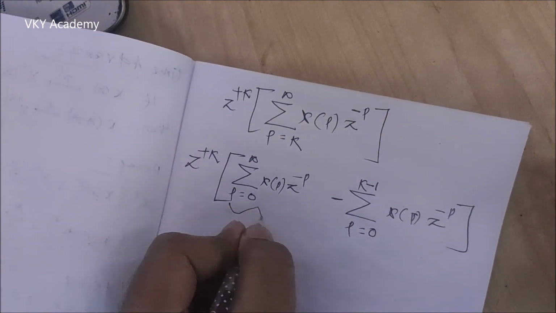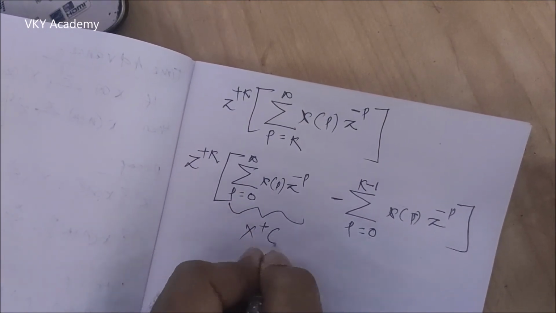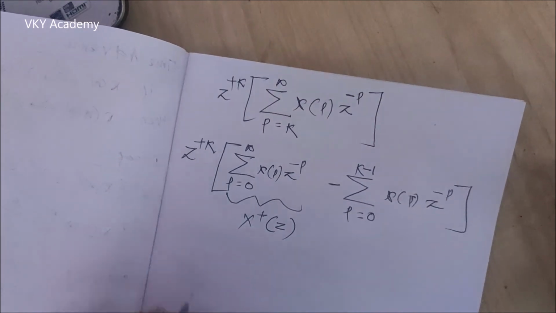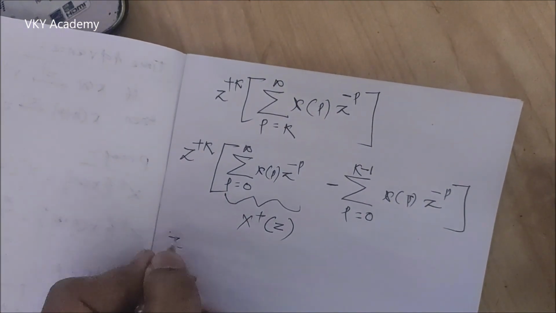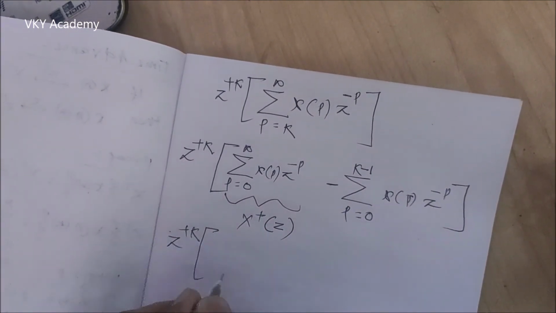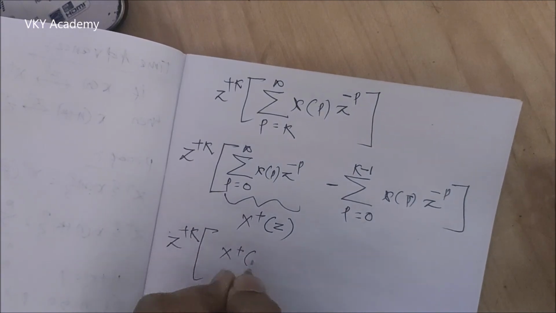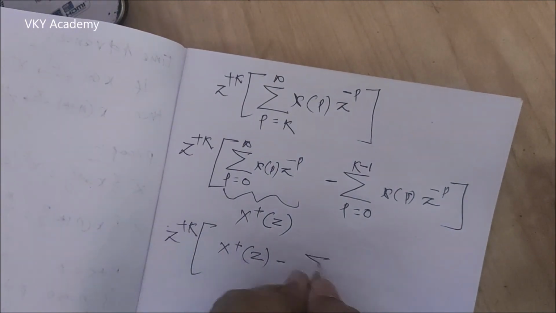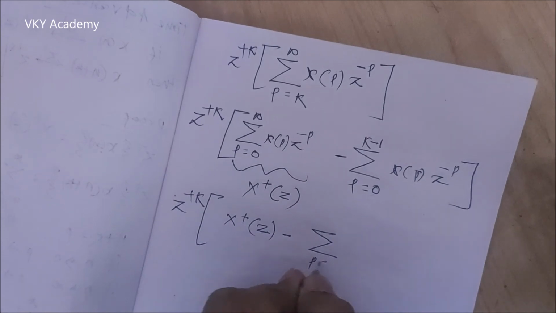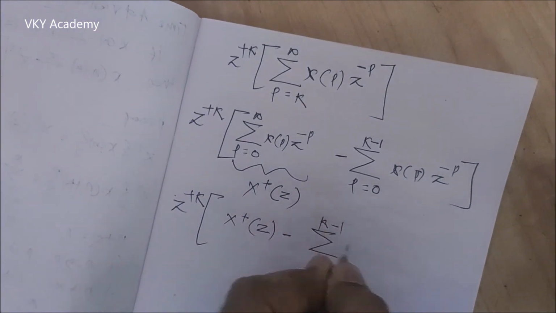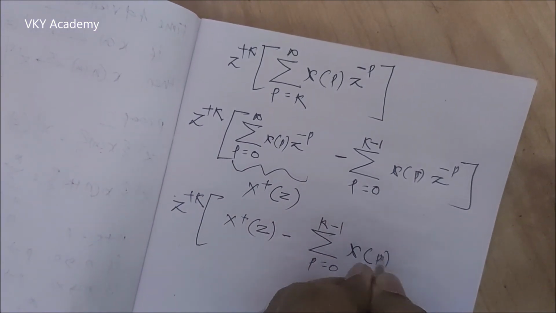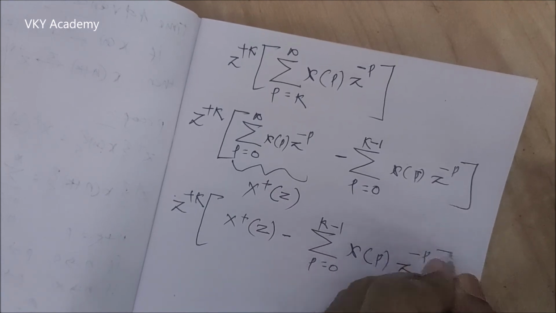Now this particular term is my one-sided or unilateral Z transform. So this can be written as z to the power plus k whole into X plus z minus summation p equal to 0 to k minus 1 x of p z to the power minus p.